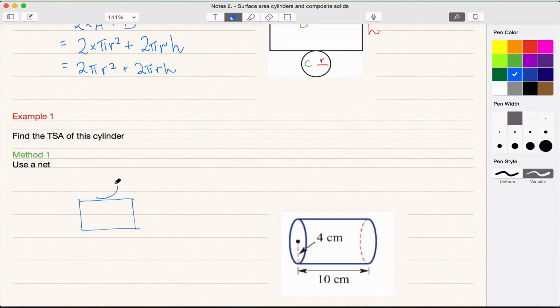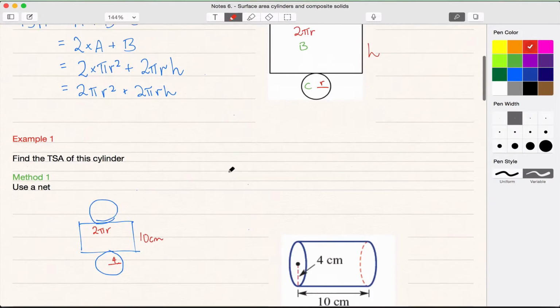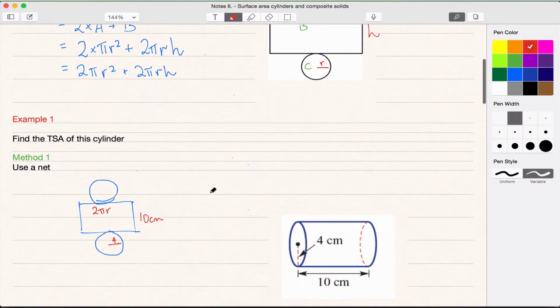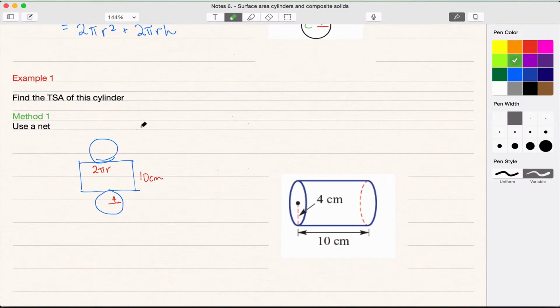So if we draw our net out, whoops, that would be a more perfect circle usually. Our radius is 4 centimeters. Our height is 10 centimeters. And this length here is going to be 2 pi r.